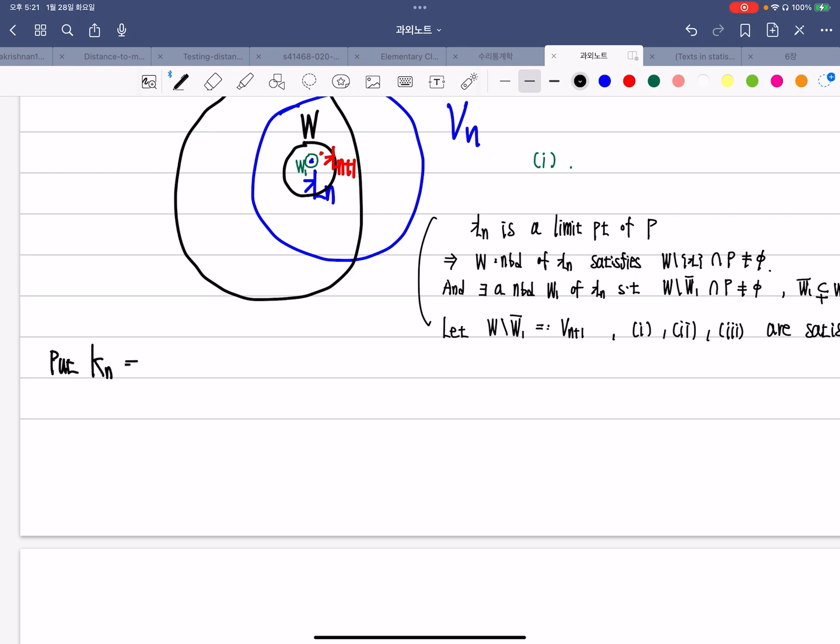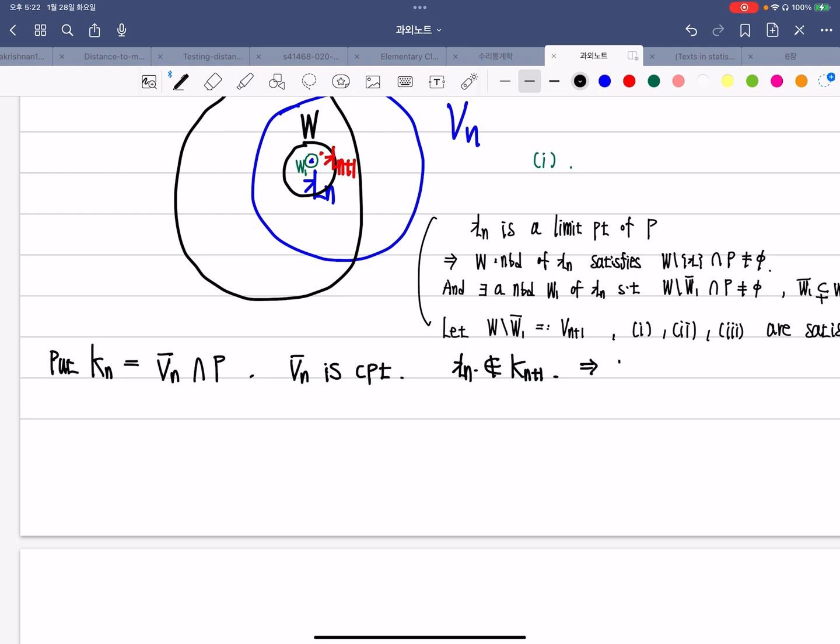Let Kn be the intersection of P and the closure of Vn. Since the closure of Vn is closed and bounded, it is compact. Then Xn is not contained in Kn plus 1.